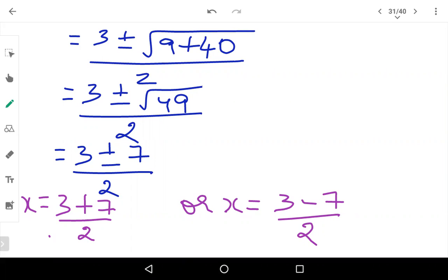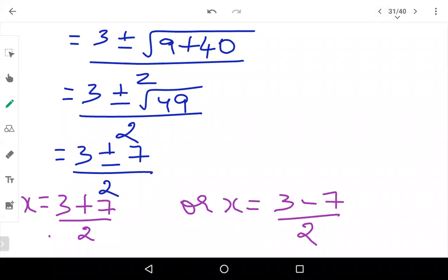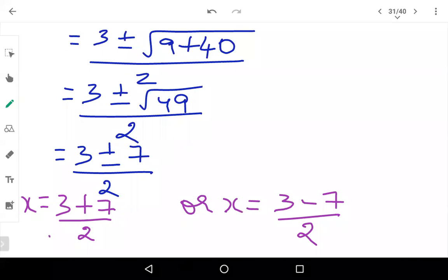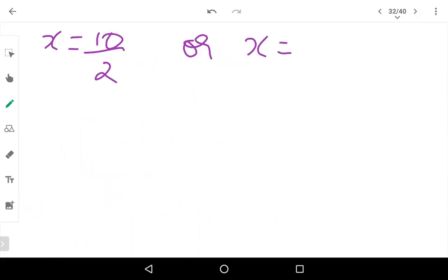Now simplify this. 7 plus 3 is nothing but x is equal to 10 by 2, or x is equal to, if you see here, 3 minus 7. So how much do you get? 3 minus 7 is minus 4 by 2.